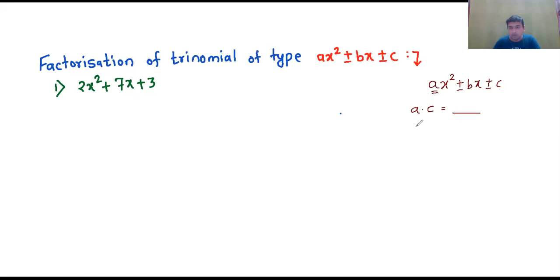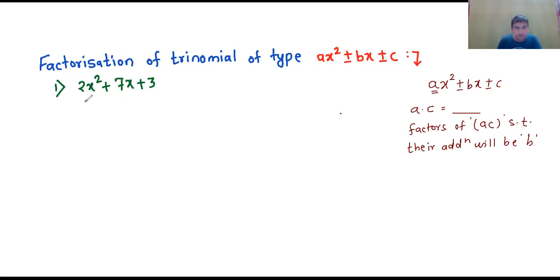Then you have to find the factors of AC, that means this product, such that their addition will be b.